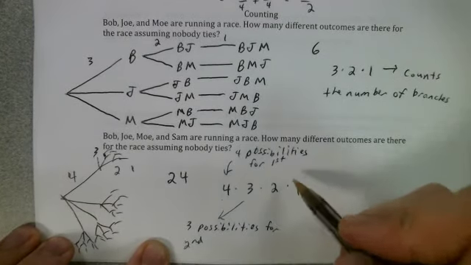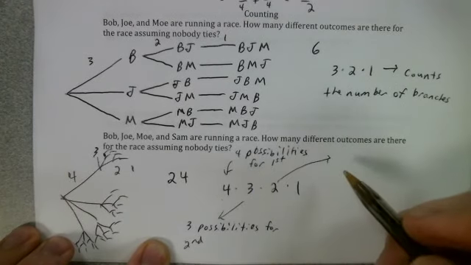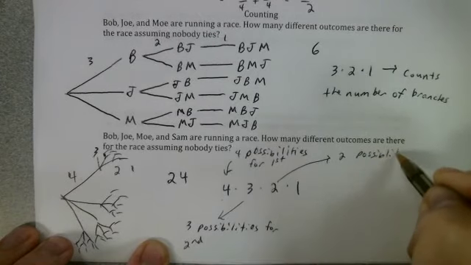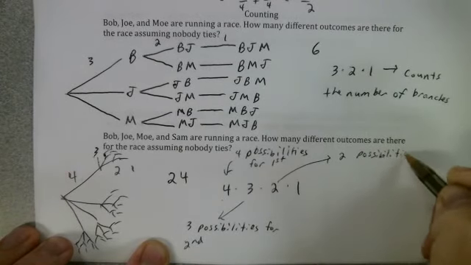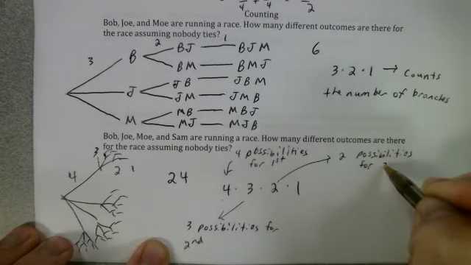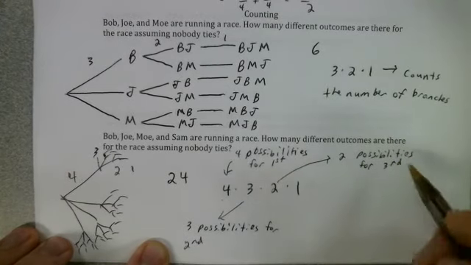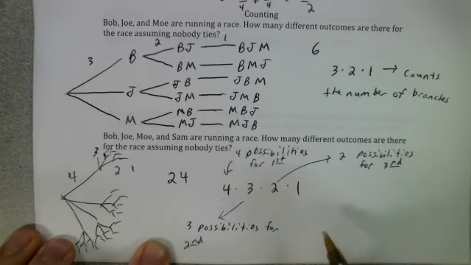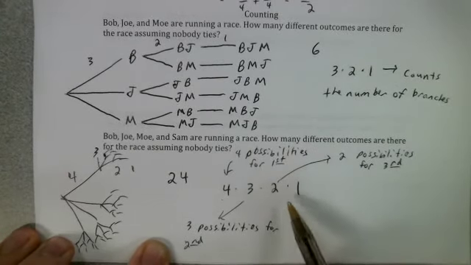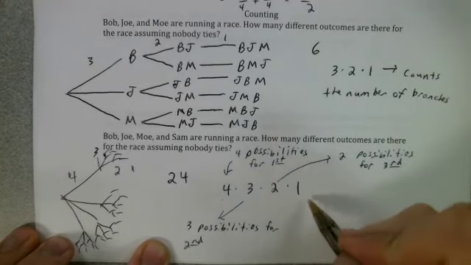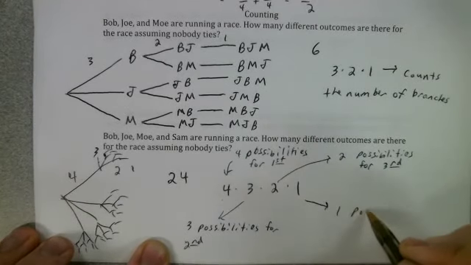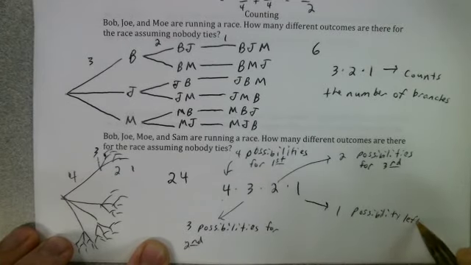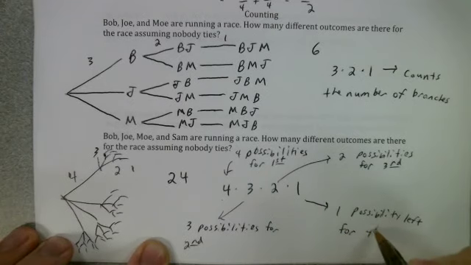And once first and second are assigned, there are 2 choices for third. And once the first 3 places are assigned, there's only one person left, so there's one possibility left for 4th place.